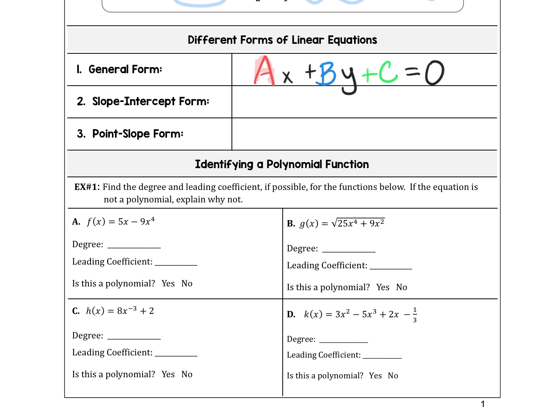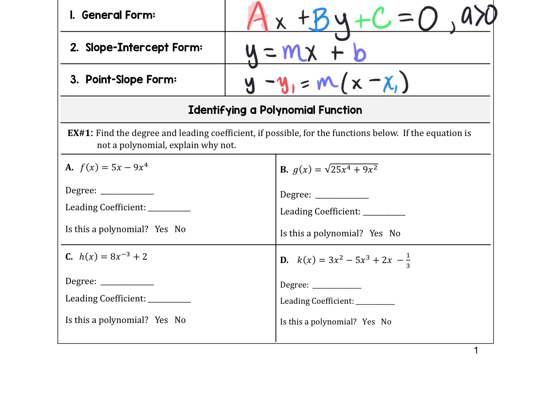We've got values for a, b, and c, and a also has to be greater than 0 when it's in standard or general form. Slope-intercept form, you've seen this before, is y equals mx plus b. And then point-slope form, we know it's y minus y1 equals m times x minus x1.